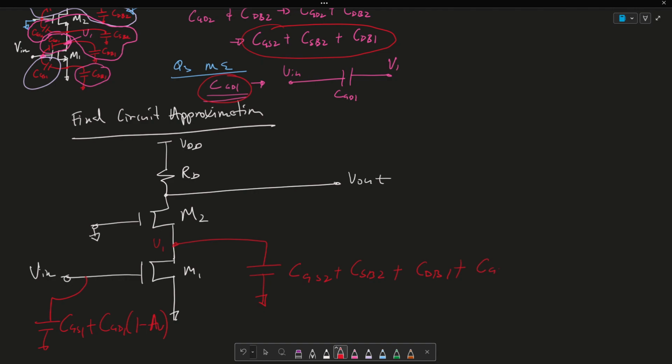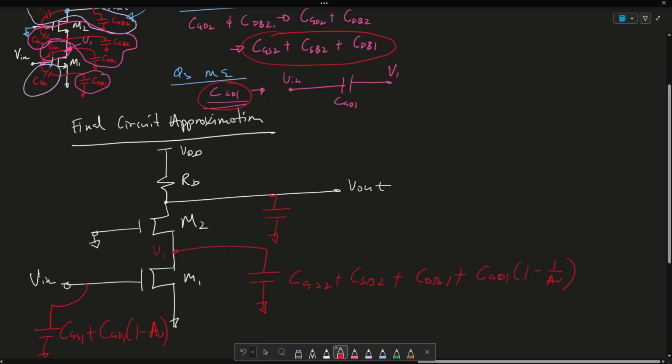So CGD1 times (1 minus 1 over AV). And then over at V out, I simply get this capacitor here. Okay, so then that becomes CGD2 plus CDB2.